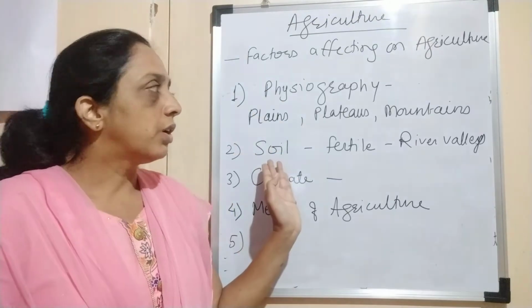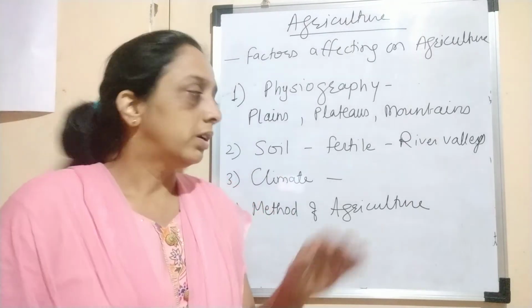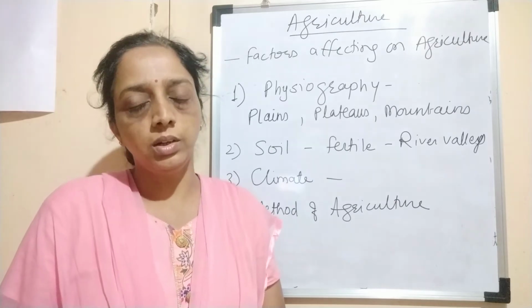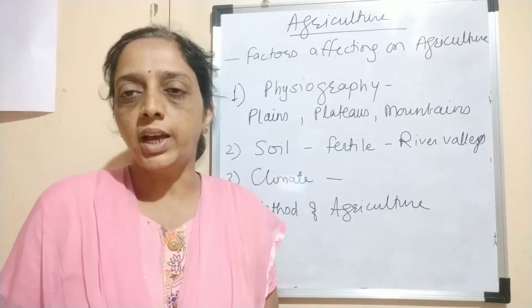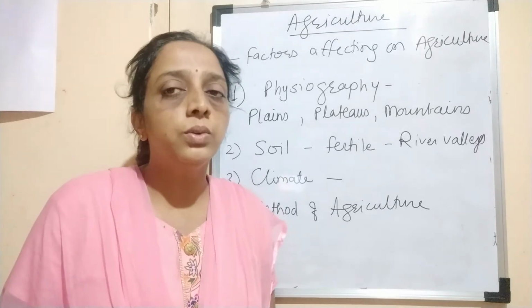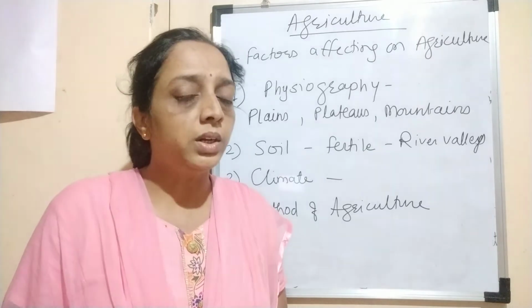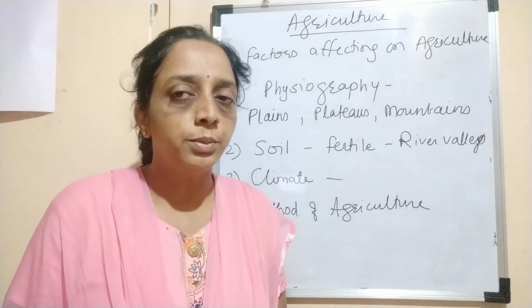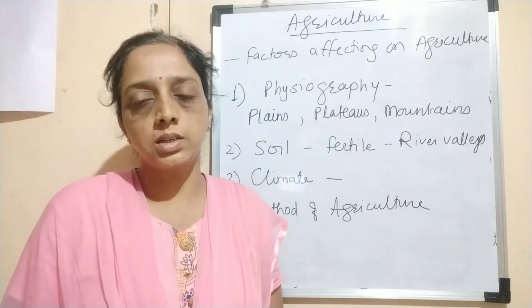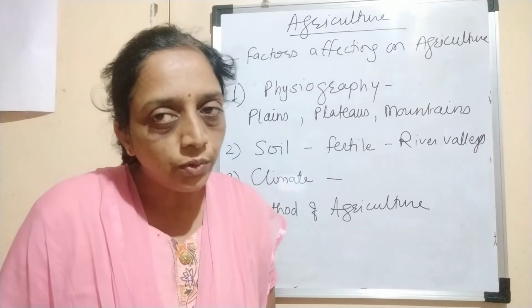The second factor which is affecting agriculture is soil. Fertile soil is important. In this category, alluvial soil is formed due to the erosion activity by the river in the mountainous region, and that sediment is deposited in the low-lying areas, in the river valleys, and is called alluvial soil.